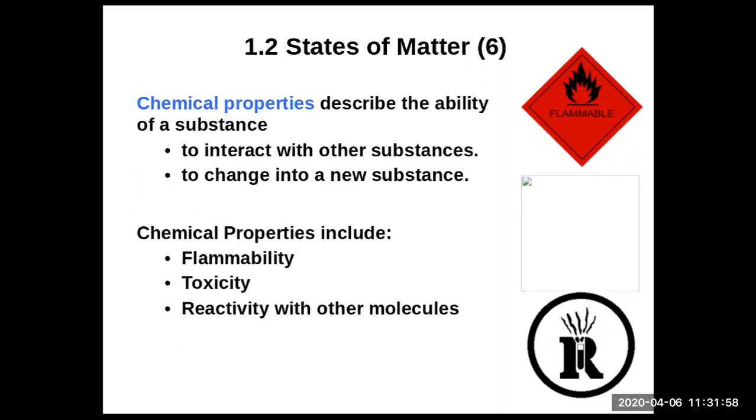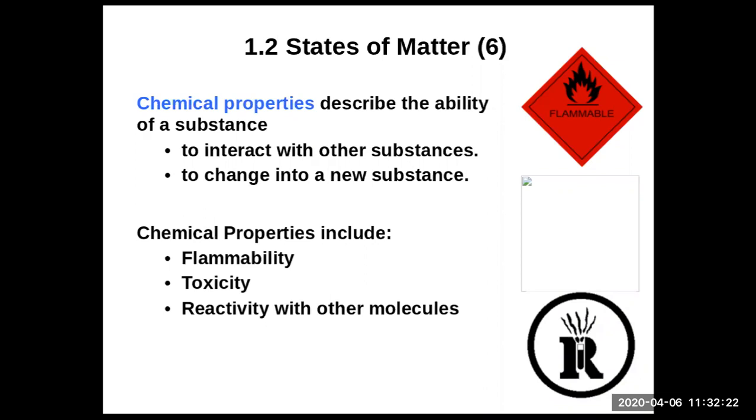It explains that they will react with other substances and become another substance. Examples of chemical properties include flammability. For example, if you bring a spark close to a flammable liquid, it can catch on fire and burn.